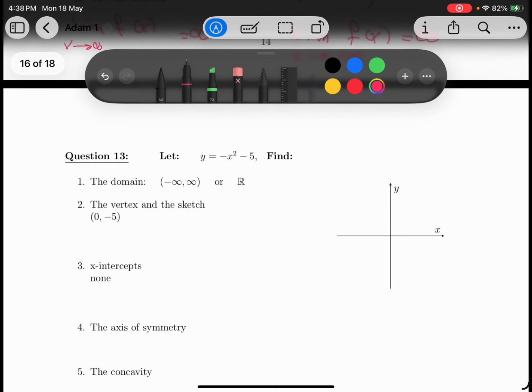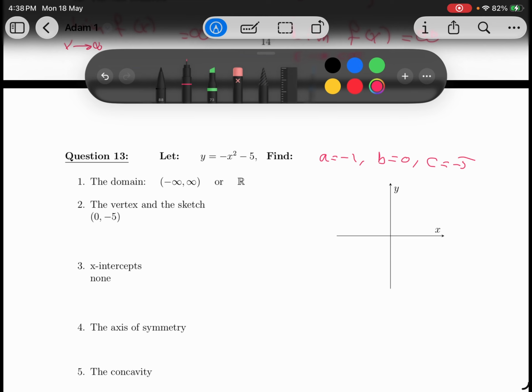And here guys, in this example I have minus x squared minus 5, where a equals minus 1, b equals 0, there is no middle term, and c equals minus 5.